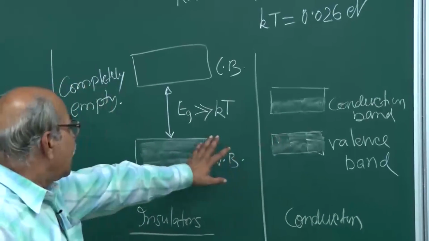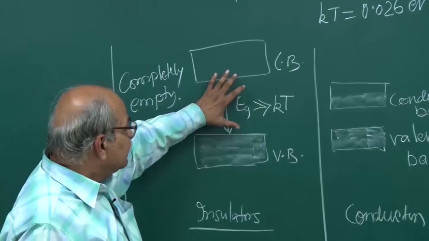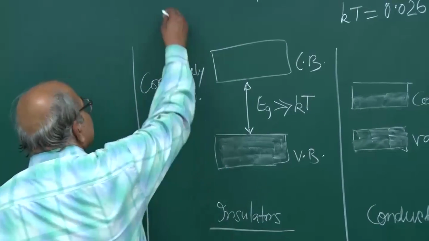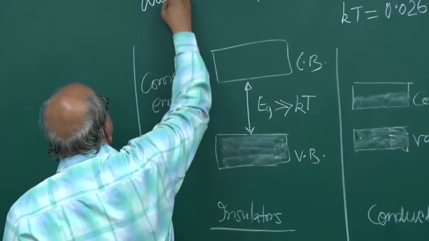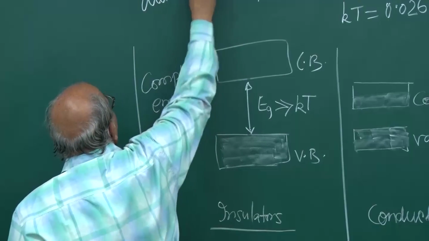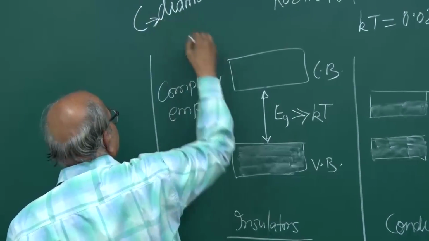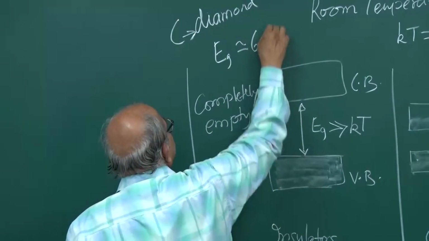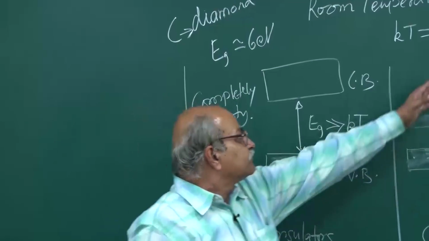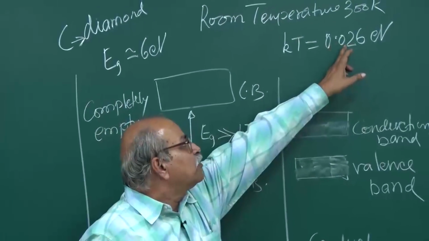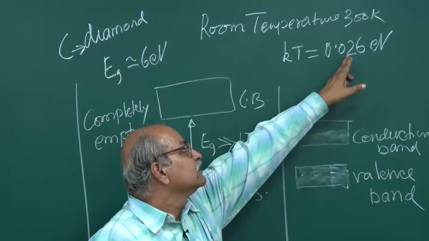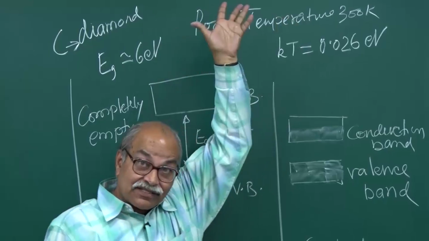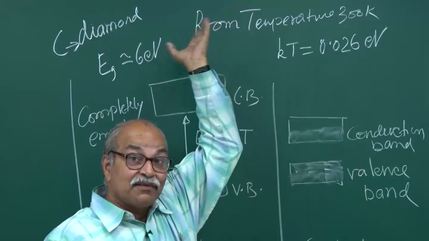So if you have this kind of situation where the gap is large, for example carbon in diamond form, this gap Eg is about 6 electron volts. So compare, 10 times kT will be 0.26, 100 times will be 2.6, and this is 6, so several hundred times kT.